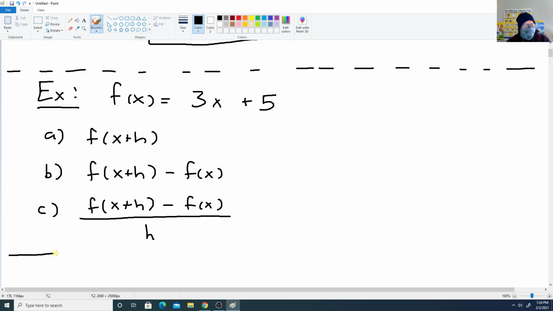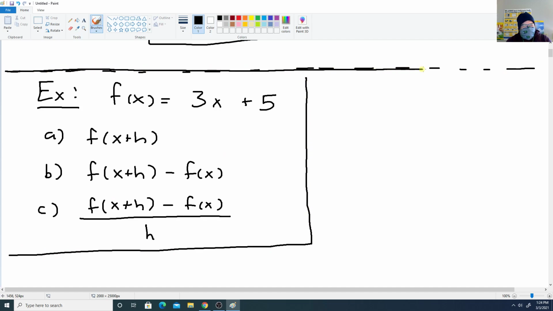So here's our problem, and we'll do some scratch work over here on the side. So for part A, if you want f of x plus h, what this says to do is replace the x value in your function with x plus h.